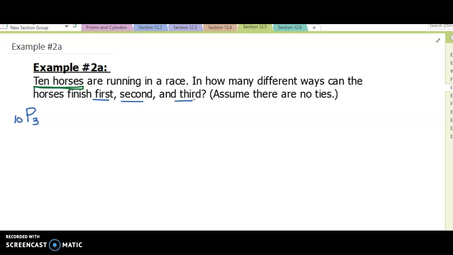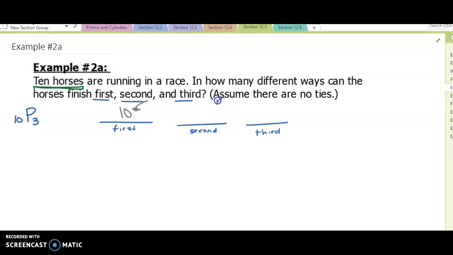Okay, so the way I do this, the counting method, is I have first place, second place, and third place. Then I ask myself, there's 10 total horses, so how many different horses can take first place? Well, there can be 10 different horses that take first place. Now one of those 10 takes first place.